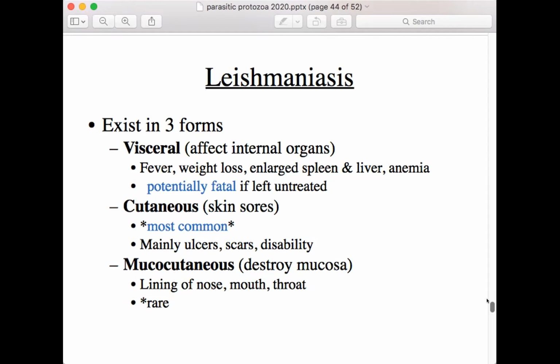Cutaneous leishmaniasis is going to present with skin sores. This is the most common form that we see. So you're going to see some ulcers, a little scarring. You might get some physical disabilities, but cutaneous leishmaniasis is the most common form that we see in the population, and it's characterized by skin lesions.